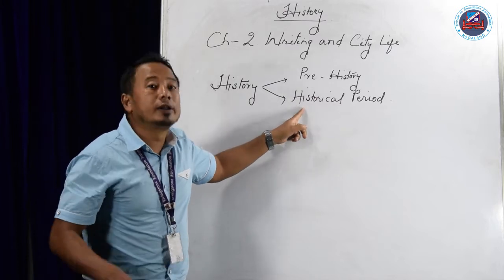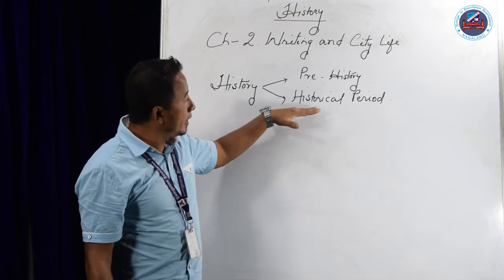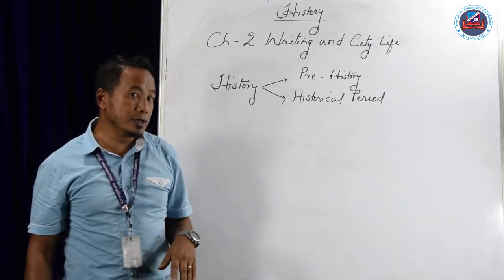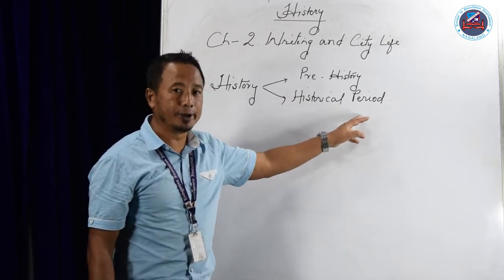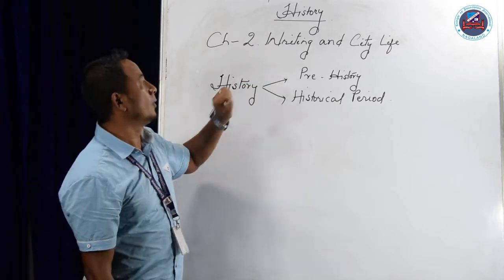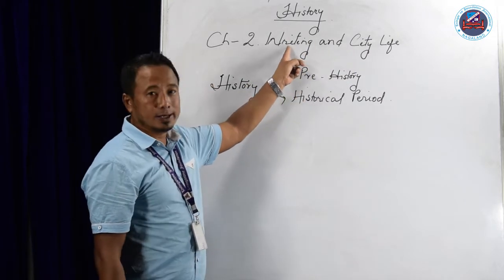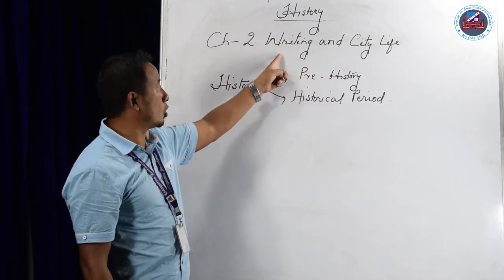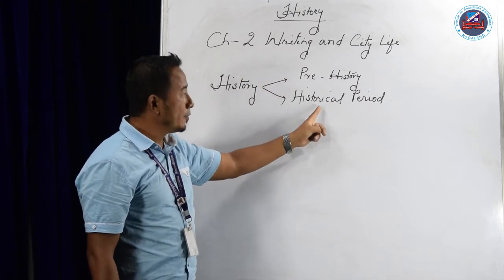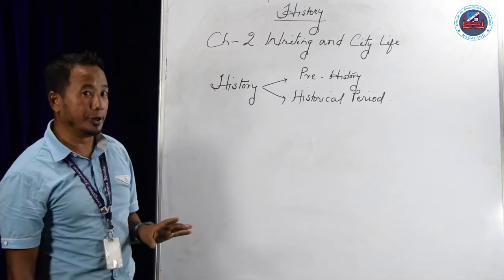The period after the art of writing is known as the historical period, and we have written records in the historical period. So this chapter 2 comes under which period? Writing and city life. Here in this chapter we are going to talk about writing. So the second chapter falls under the historical period.